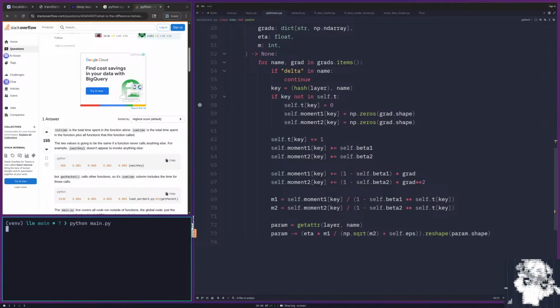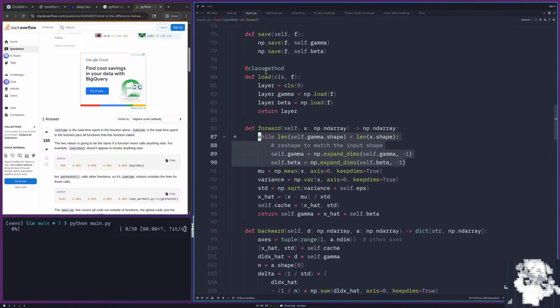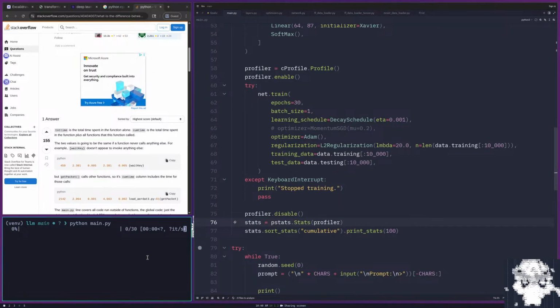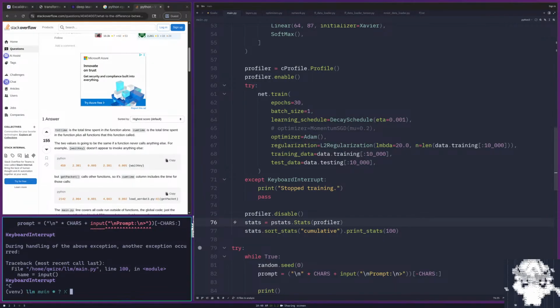And then I wonder if I should revert all my changes and see what it used to be. Actually, sorry, I'm going to kill this.